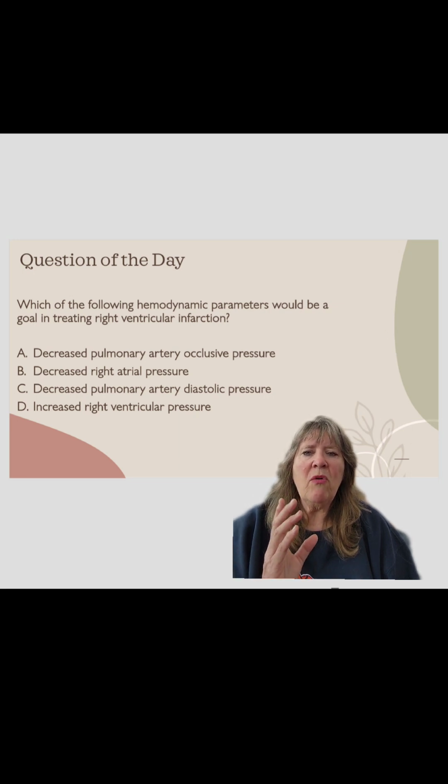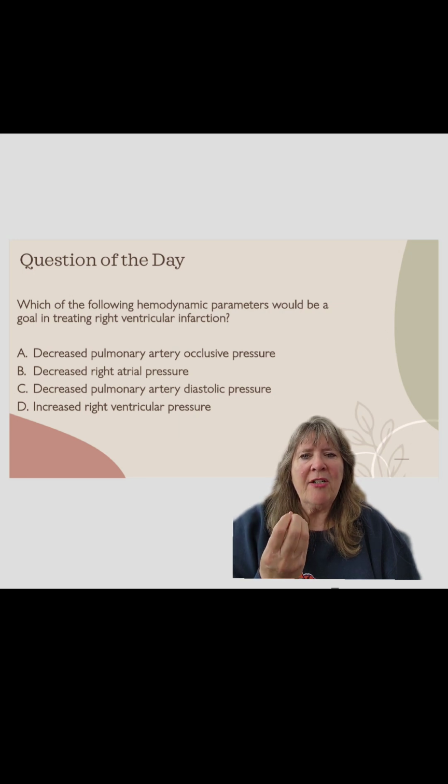And I just have to throw this little "yeah, but" in there, and that has to do with the tricuspid valve. In order for the right atrial pressure to come very close to the RV diastolic pressure, that tricuspid valve has to be working pretty well.